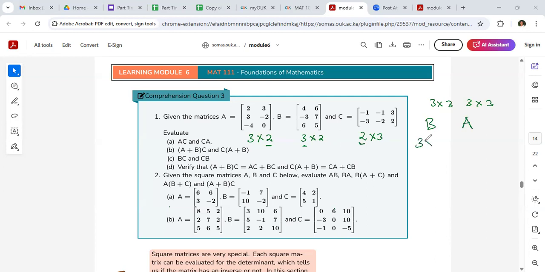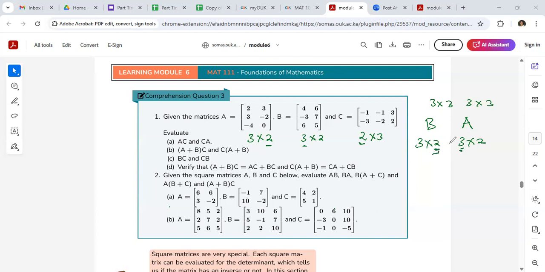The preceding matrix is of order 3 by 2, and this is of order 3 by 2. Is it possible? No, it's not possible because the number of columns in B is not equal to the number of rows in A.